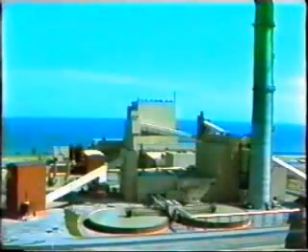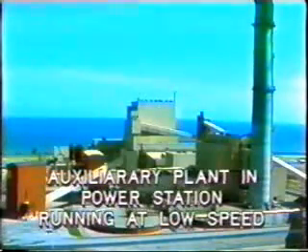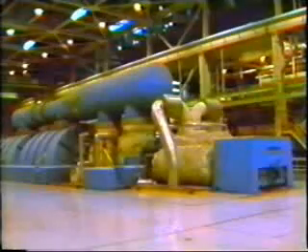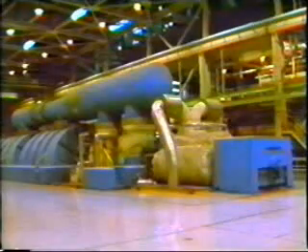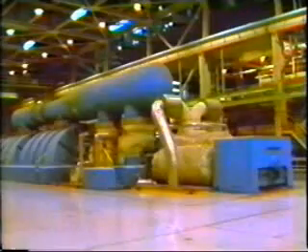Another more basic problem is that at low frequency, all of the auxiliary plant in the power station will be running at low speed. Consequently, we may not be able to supply sufficient fuel, combustion air, or feed water into the boiler. The output of the generating units would be decreasing at the very time when we need more capacity. Maintenance of the correct operating frequency is essential for stable operation of the system.